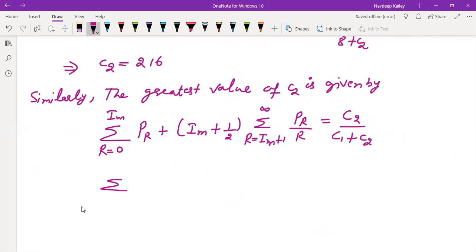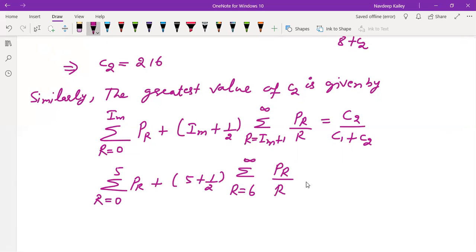We have the values of all parameters. By putting values, we get summation r equal to 0 to 5 Pr plus 5 plus 1 by 2 summation r equal to 6 to infinity Pr by r equal to C2 by C1 plus C2.